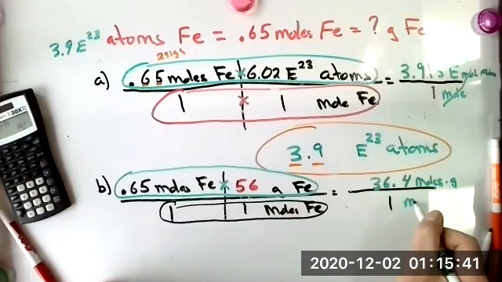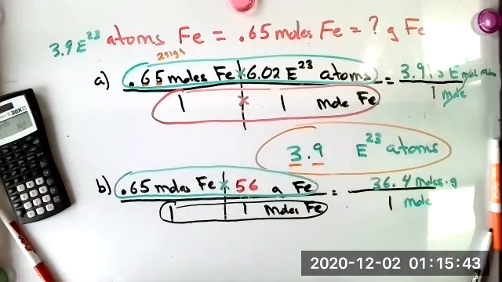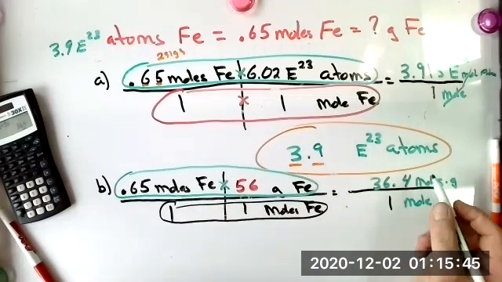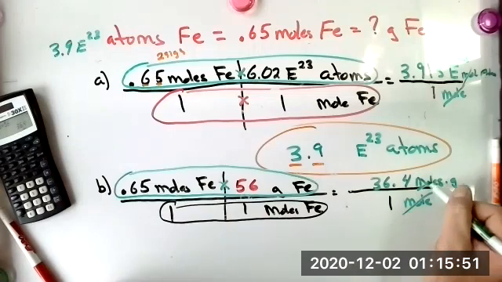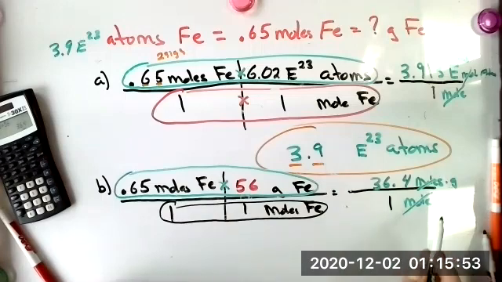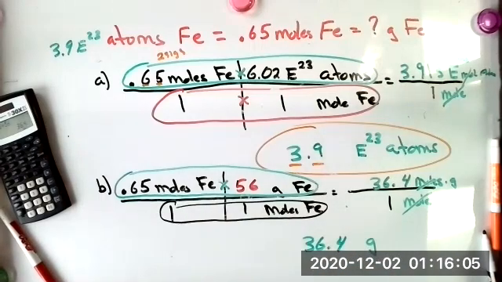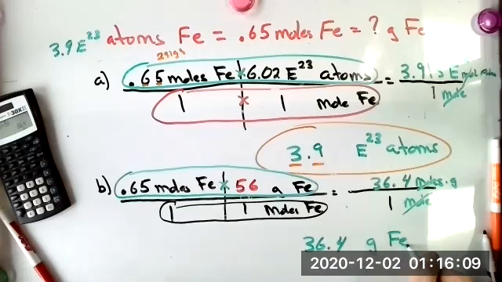Looks like the mole grabs that bottom spot. Canceling units: if one's on top and one's on the bottom, they're the same, so they cancel, which means mole is gone. Grams is left. That's what I wanted. Now I get 36.4, and it is of Fe, because it's iron.